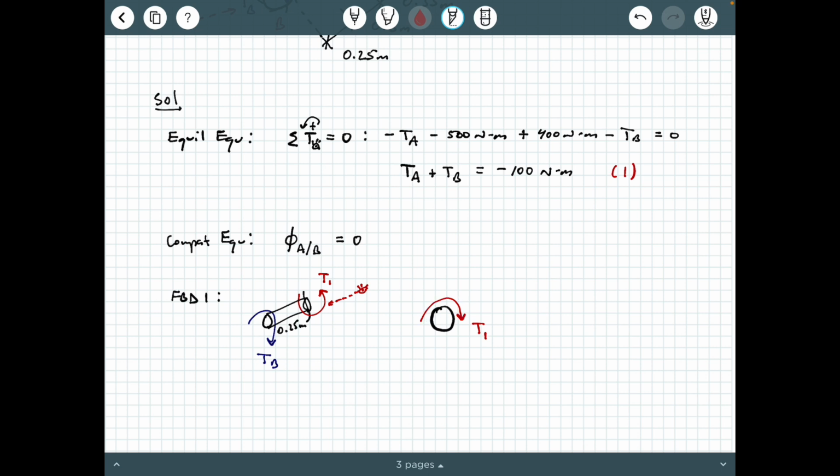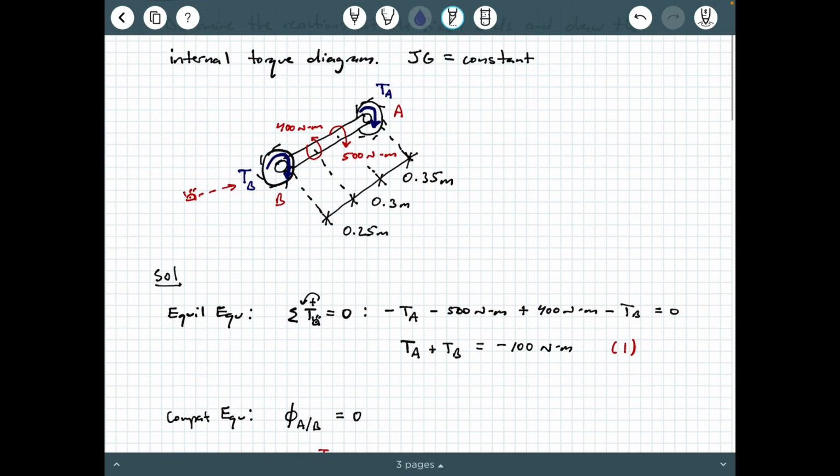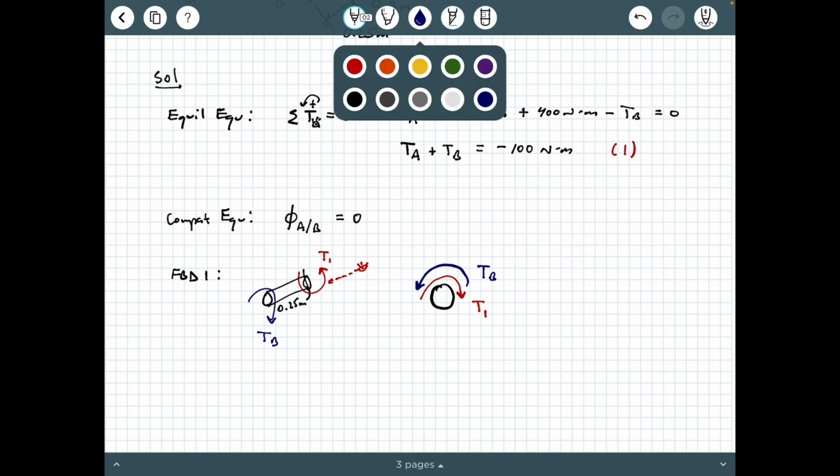And then behind T1, we see TB, that reaction TB that we drew from earlier. That's where it was earlier, okay? And so what do we do here?